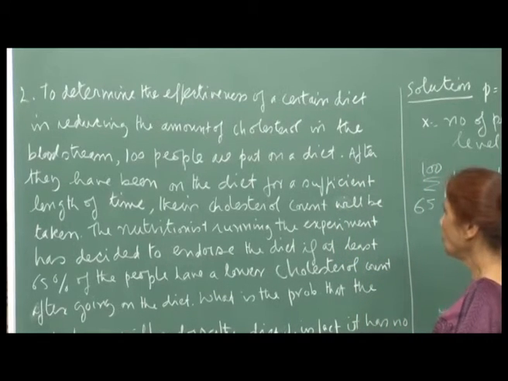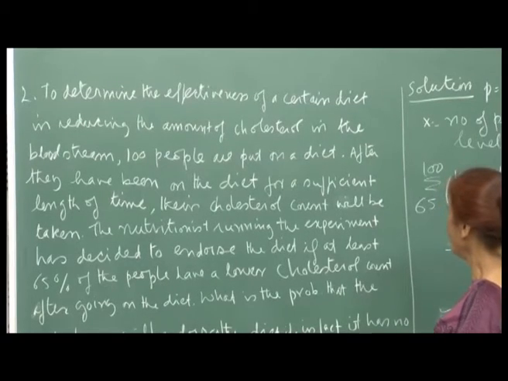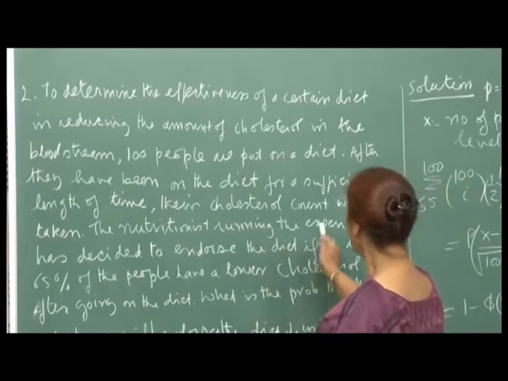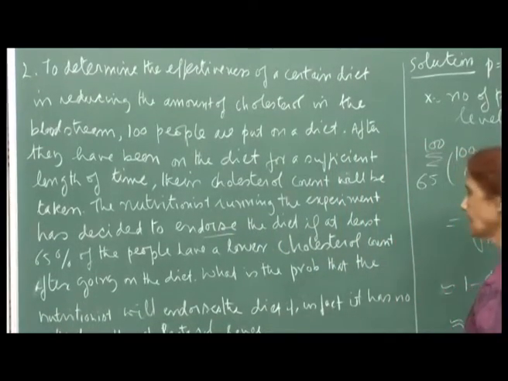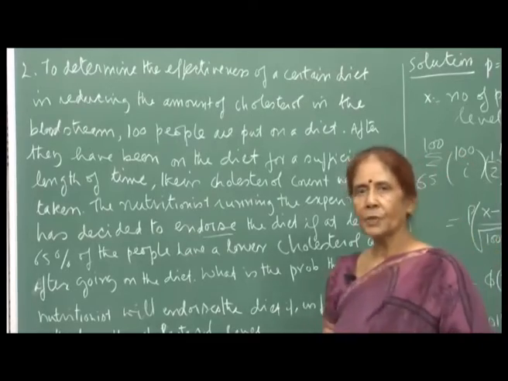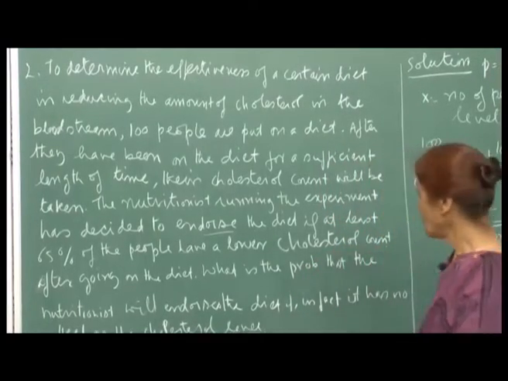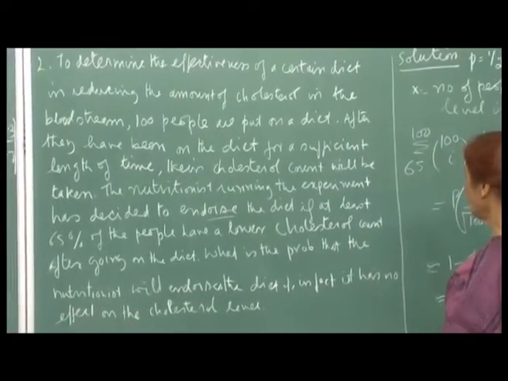then the nutritionist running the experiment has decided to endorse it. So, the nutritionist will endorse the diet and say yes, it has proven to lower the cholesterol in the blood. Okay.